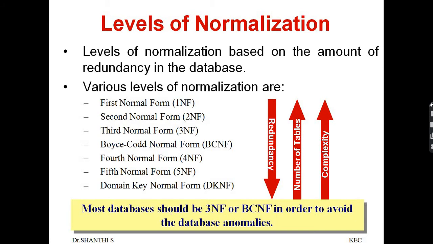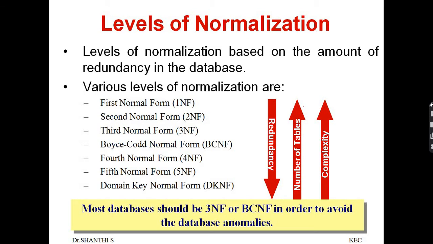There are different levels of normalization, that is first normal form, second normal form, up to domain key normal form. If our relation is in a higher level of normal form, we will have a minimum amount of redundancy. When you increase the level of normalization, the redundancy decreases.